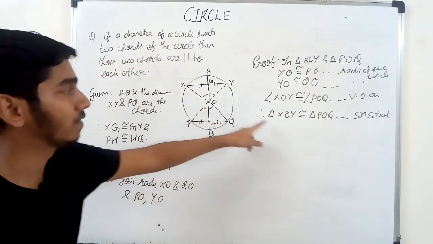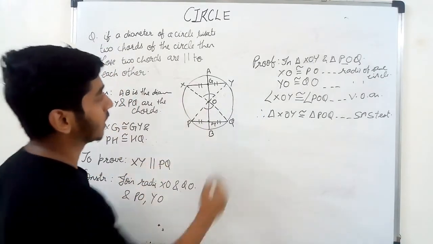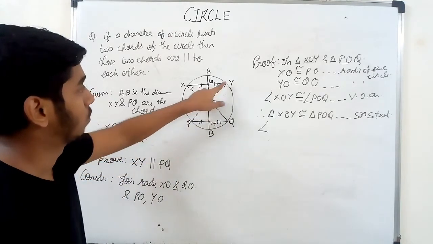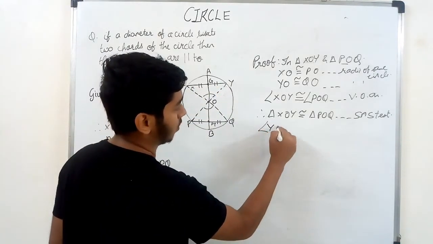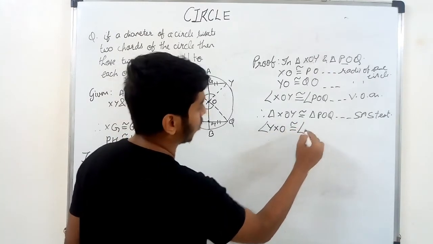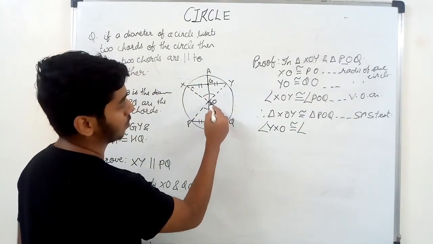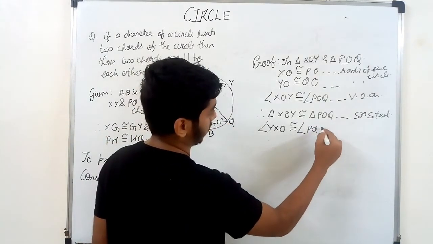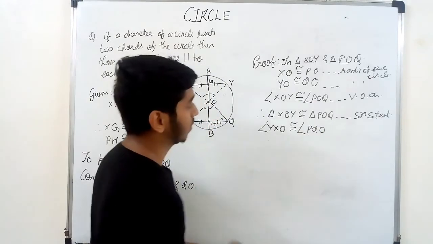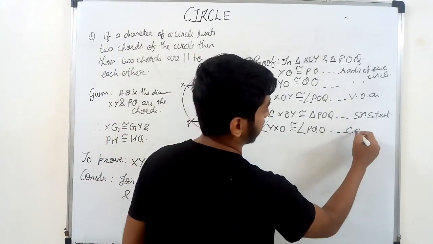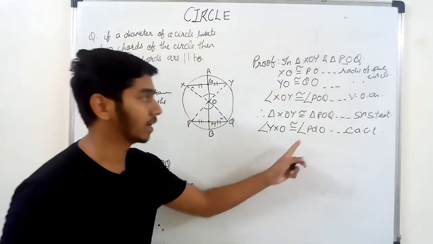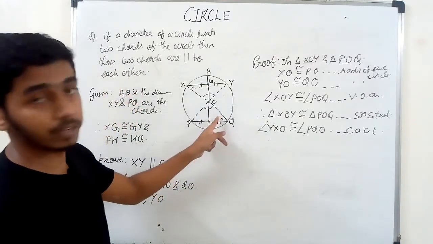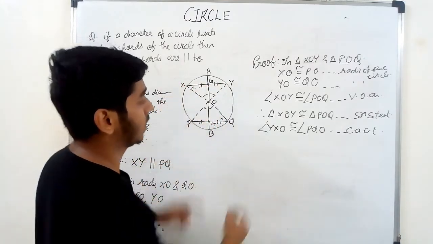Now if these two triangles are congruent, can we say this angle, YXO, is congruent to this angle, PQO? Why? By CPCT, corresponding parts of congruent triangles. Therefore, if alternate angles are congruent, we can say that XY is parallel to PQ.